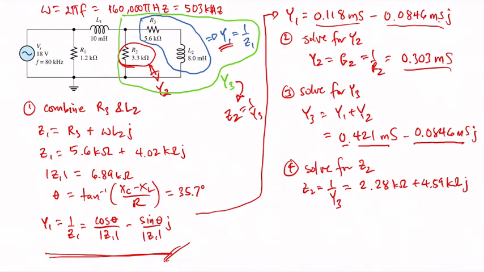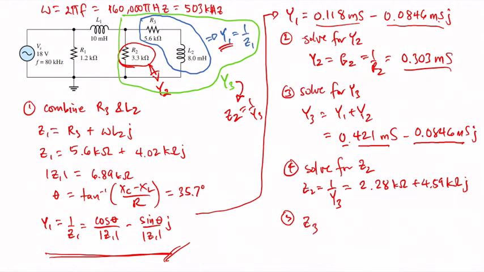Now we can combine Z2 with L1 because Z2 is in series with L1. You cannot combine Y3 with L1 because Y3 is the admittance, and it's solved by getting the equivalent parallel circuit. So we combine Z2 with L1 to get Z3.